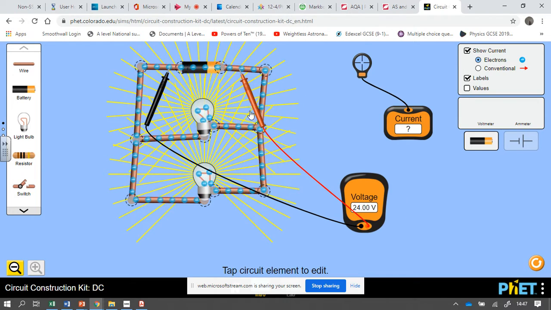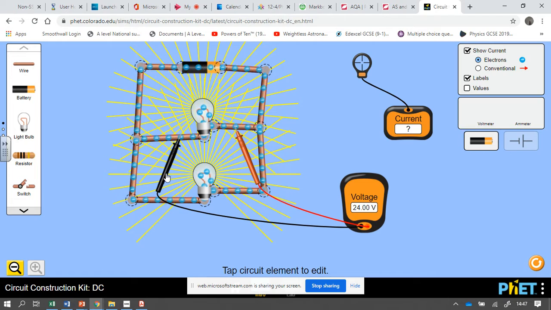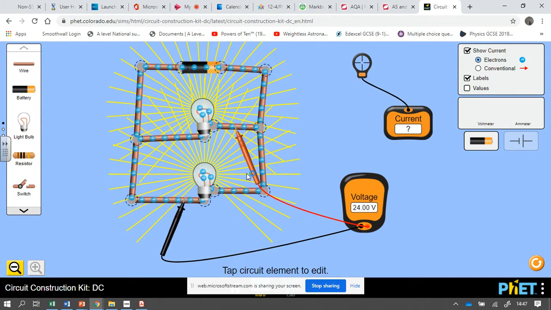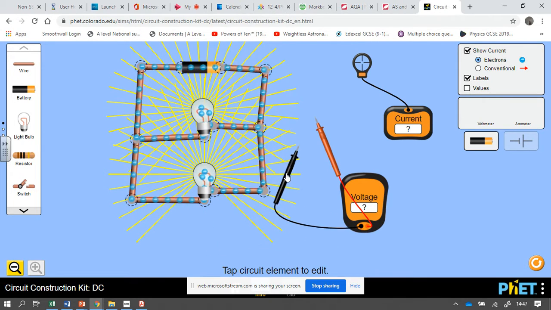Now if I connect the voltmeter across here and across this one, this lamp here gets 24 volts and this lamp here gets 24 volts. Okay, and that has some advantages, because in real life it means both of these lamps would be bright. If they were connected in series, they would share that 24 volts, and so they'd only get 12 each. They wouldn't be as bright.